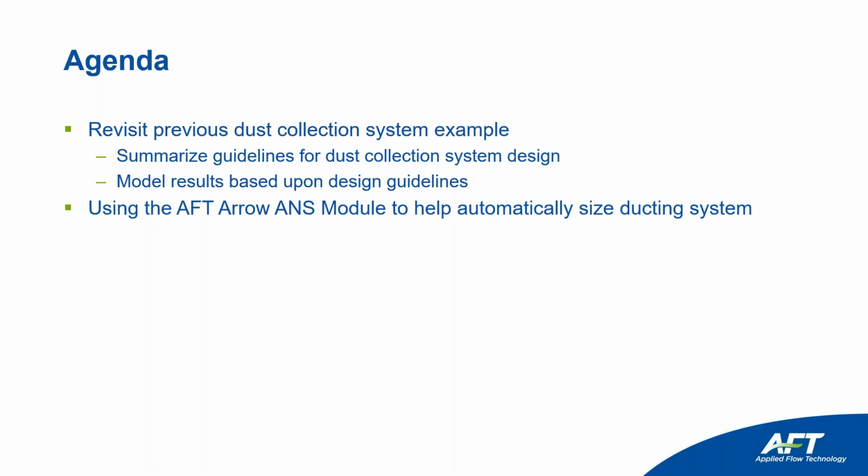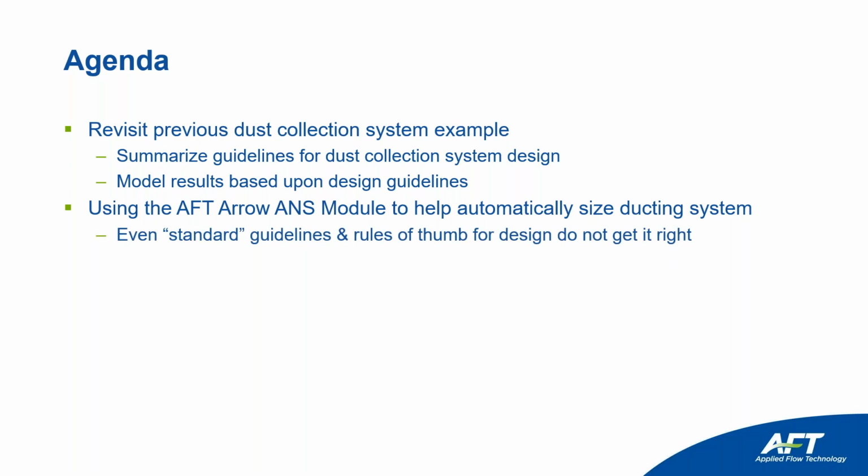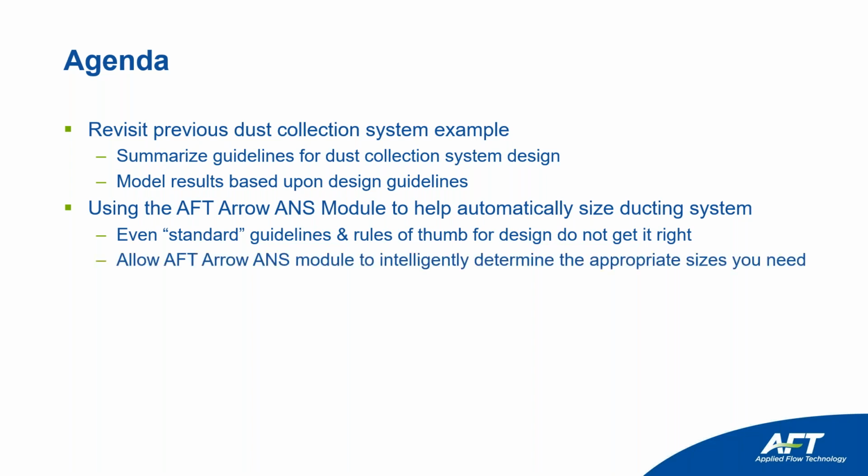Then we're going to use AFT Arrow to automatically size the ducting system, and this is going to demonstrate how even standards and guidelines and various rules of thumb for your design still will not always get the job done properly. It very well could be that it's impossible for the system to function thermodynamically. And that's what AFT Arrow will demonstrate potentially.